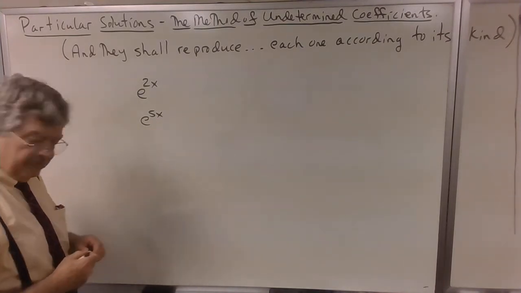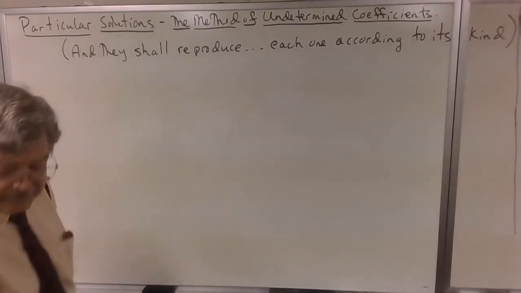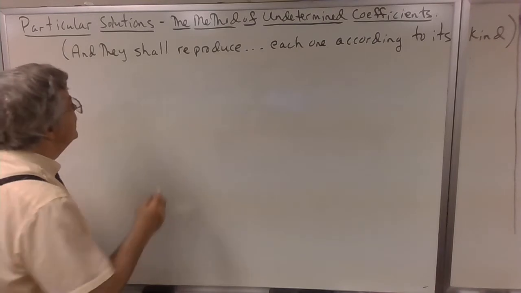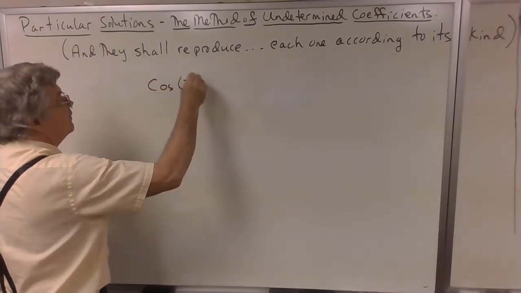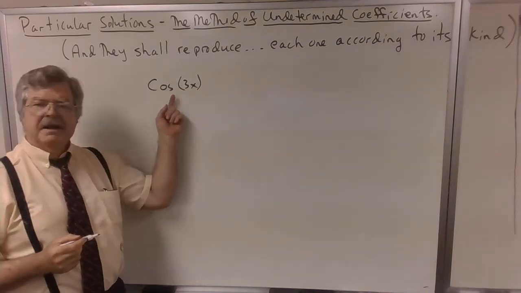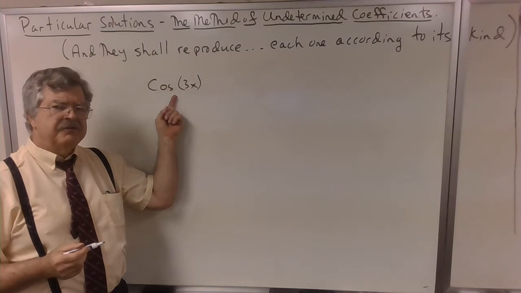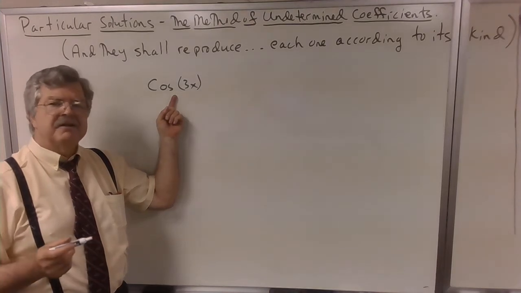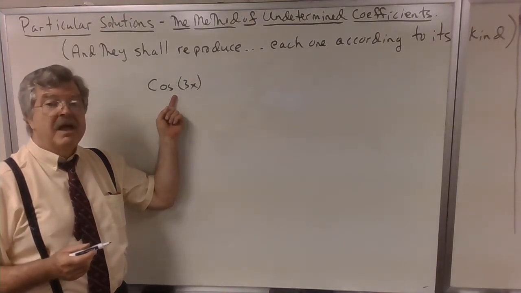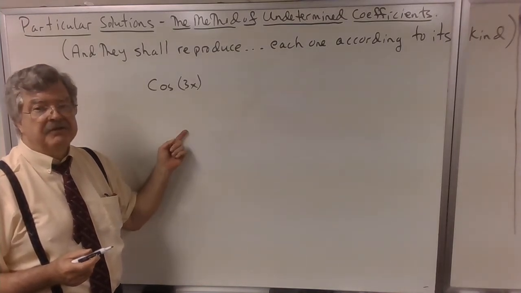The same is true of sines and cosines. Let's say that we have cosine of 3x. Am I going to get this function by computing the derivative of sine of x and/or cosine of x? No. If I compute the derivative of sine of x and/or cosine of x, I'm just going to get more sines of x's and more cosines of x's.